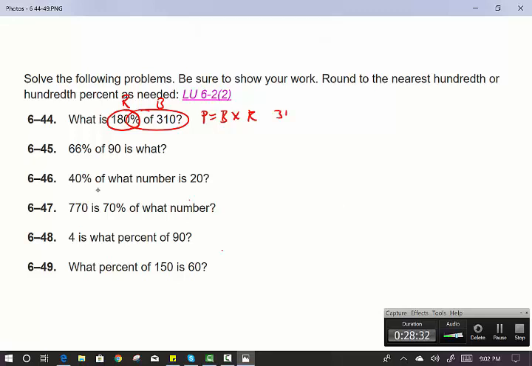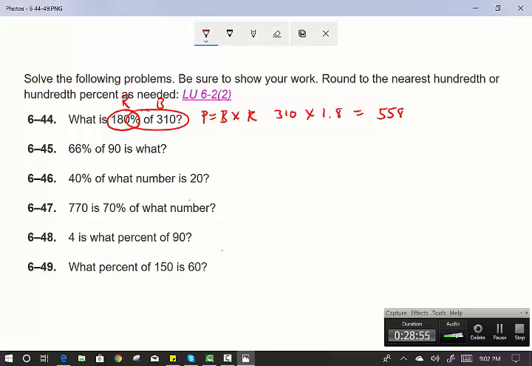So that's 310 times 1.8 after you move the decimal point 2 places to the left to make it a decimal for your calculator, and then 310 times 1.8 is equal to 558 for your part.